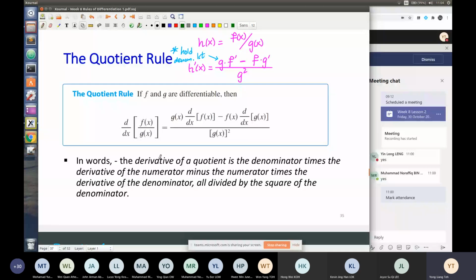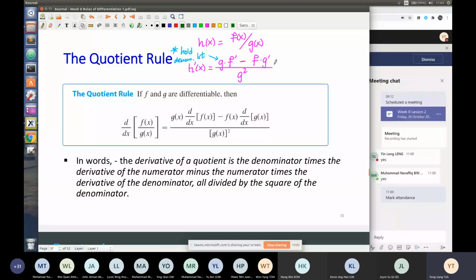You have to strictly hold the denominator first, and then differentiate the numerator. The numerator is f and the denominator is g. Then you just minus, hold the numerator, multiply by the differential of the denominator, and it's always divided by the denominator squared. So this is a strict sequence to follow for the quotient rule.